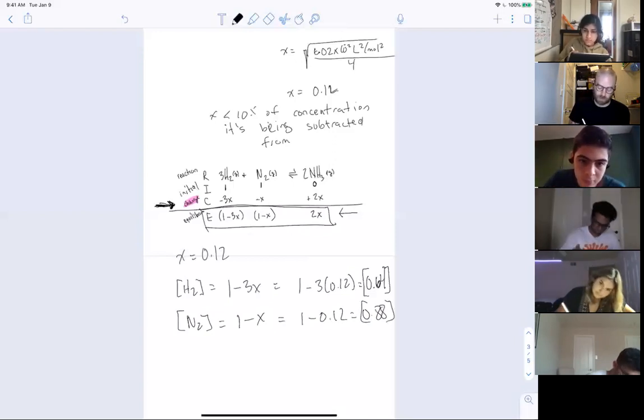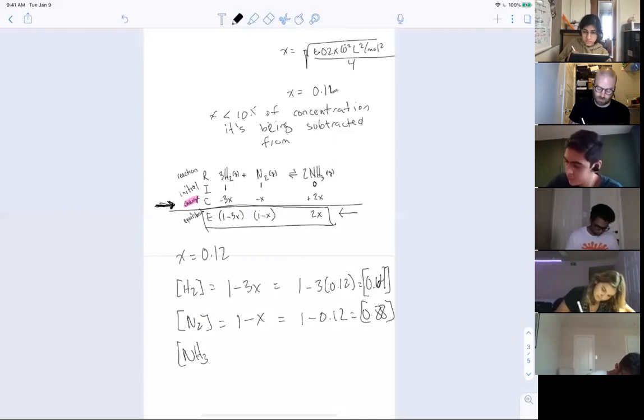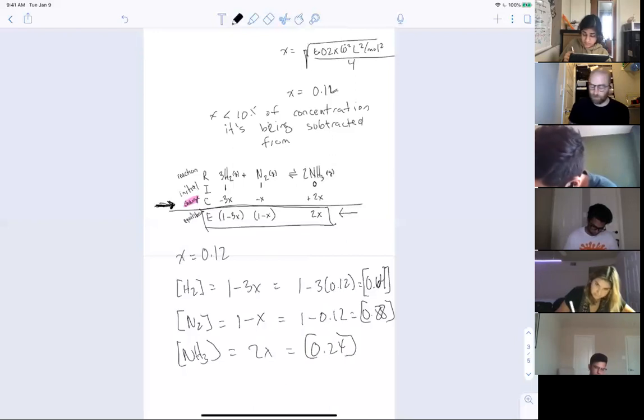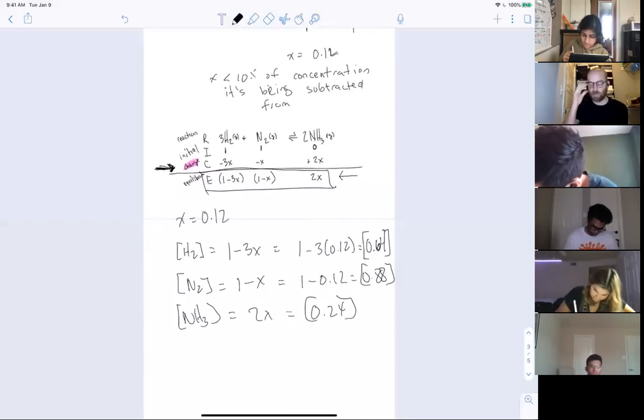And then finally, what's our ammonia concentration? That's just 2 times x, so 2 times 0.12, 0.24 molar. The actual equilibrium concentrations, if we work through the math, because I have the answer in front of me, are not exactly this. Don't worry about that for now.